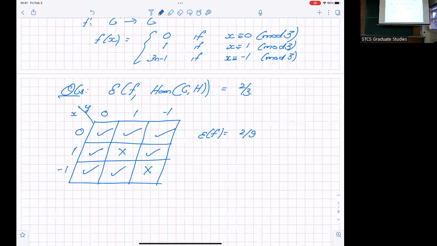So the rejection probability is only 2/9, but yet the function is quite far from being homomorphic. And that 2/9, that's the reason why I did some more hard work over it.